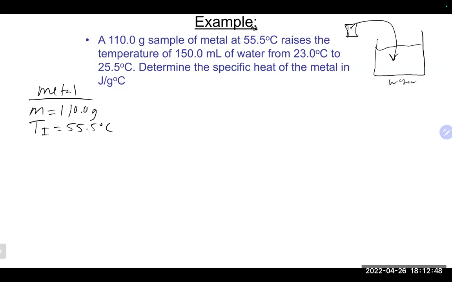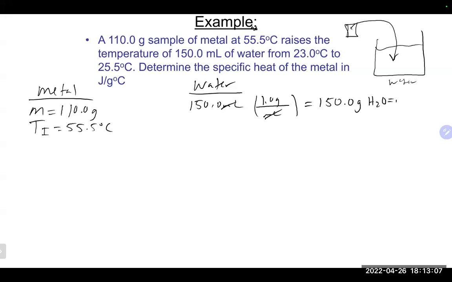It raises 150 milliliters of water, so we have some information about water over here. By the way, for 150 milliliters of water, if we use the density of water, which is typically 1 gram per milliliter, that would tell us that we have 150 grams of water, which would be the mass. Again, remember, you can always use the density of water to get to mass.